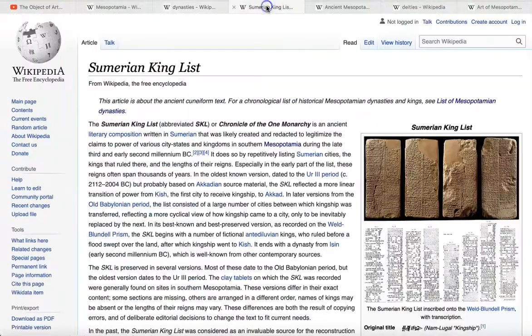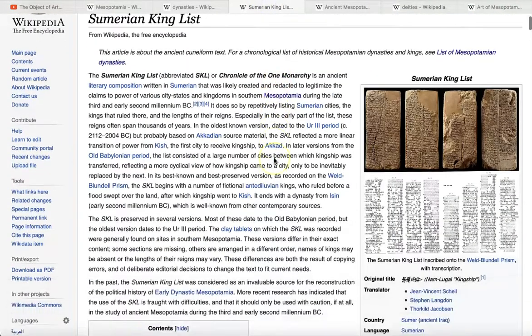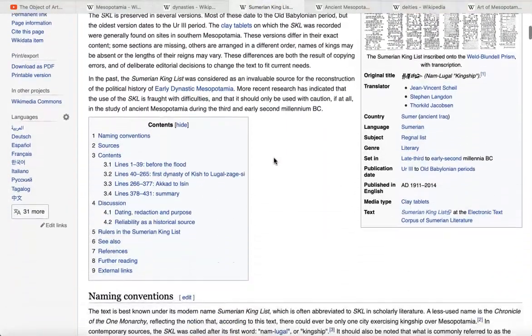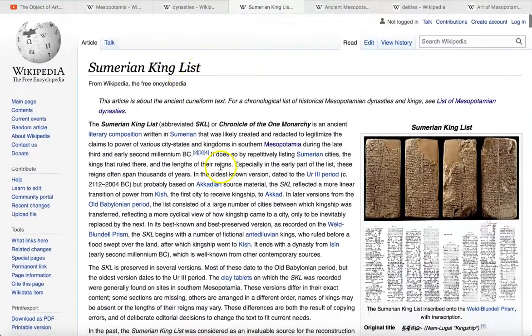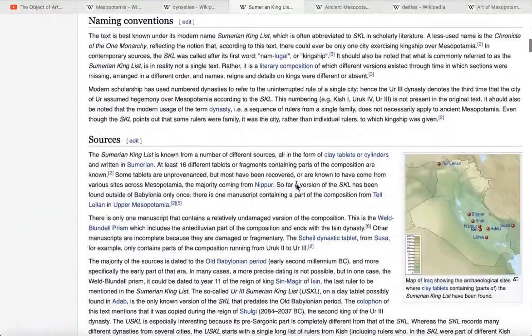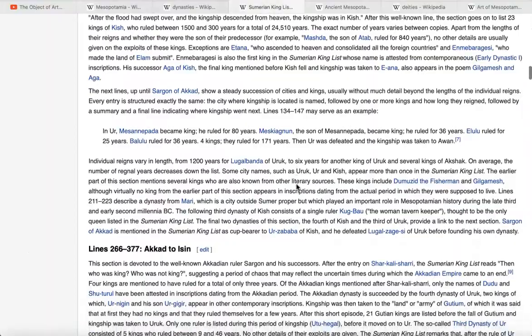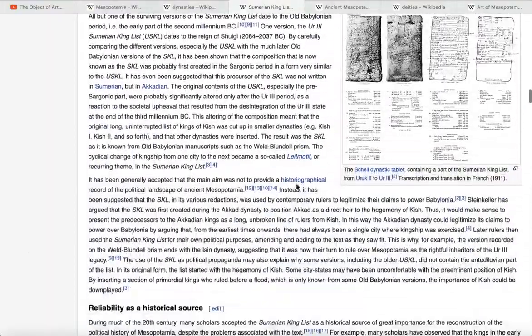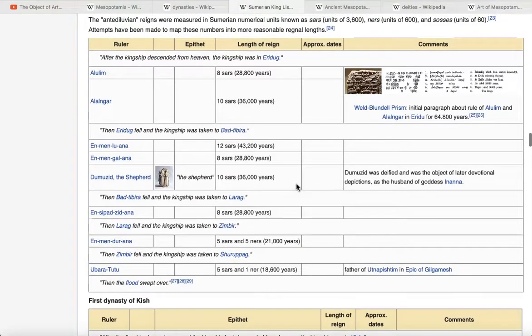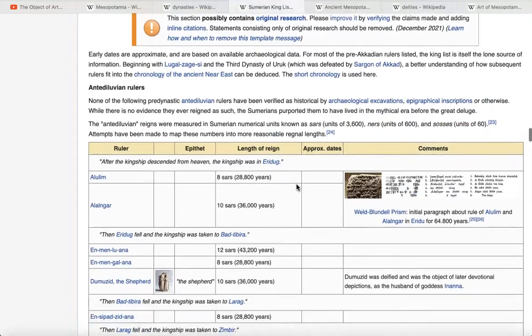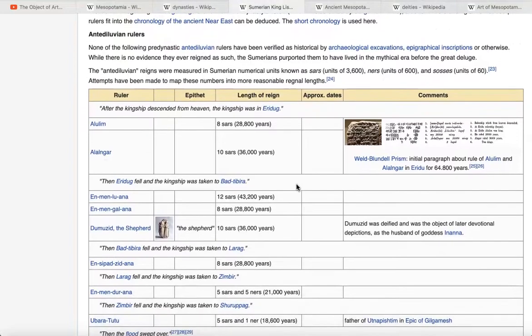Another one that I find very interesting, and you will find very interesting too when you take a look at it, is the Sumerian Kings List, or the Chronicle of the One Monarchy. I'll scroll down so you get an idea of why I love this page. Here we go. It doesn't make sense, does it?